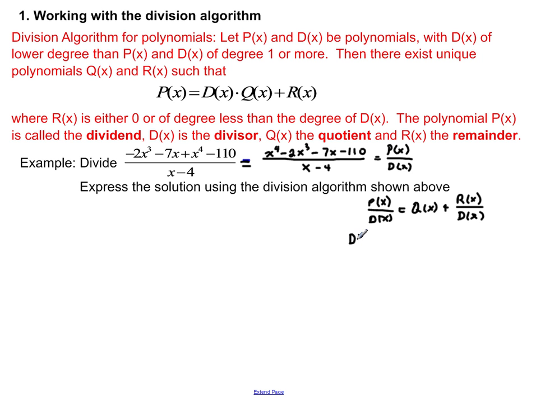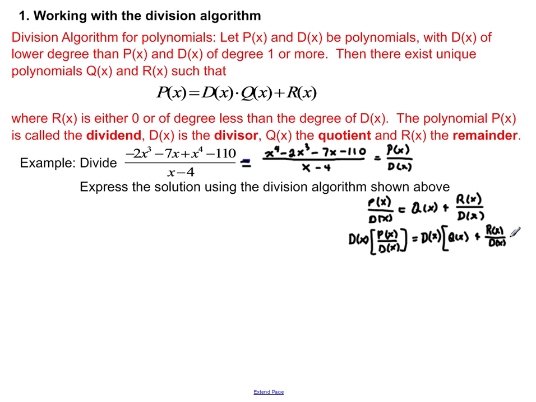If I take d of x and multiply it by both sides of this equation, observe what happens. d of x times p of x over d of x is equal to d of x times q of x plus r of x over d of x, right?